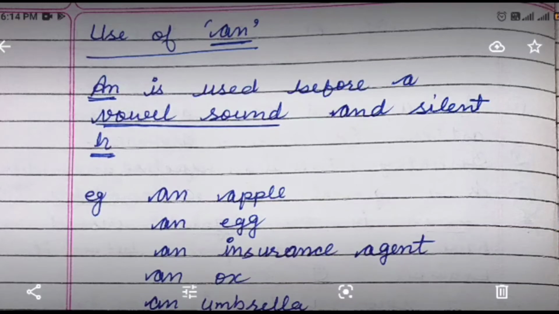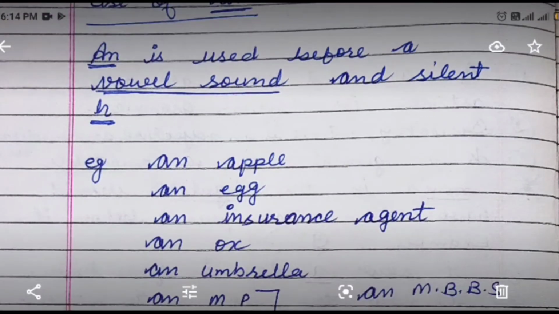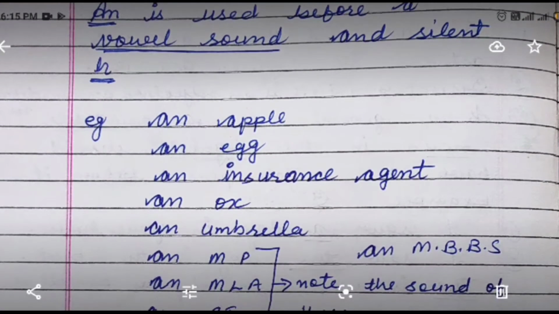So, first of all, we use an. How to use an? An is used before a vowel sound and silent h. For example, an apple, an egg, an insurance agent, an ox, an umbrella.